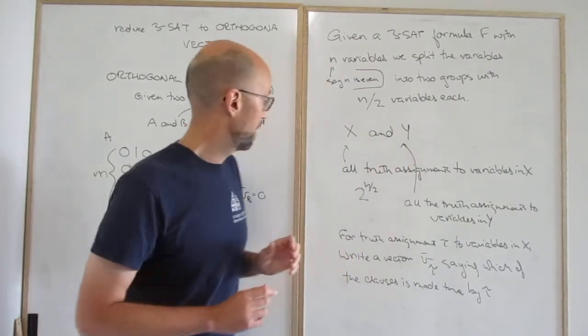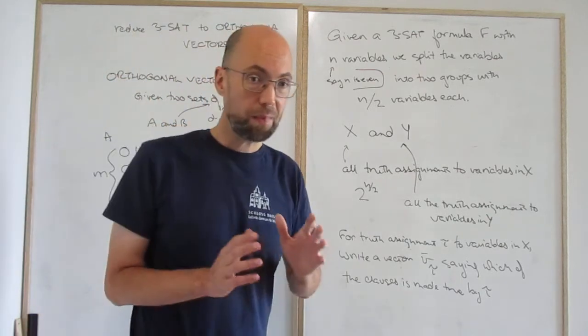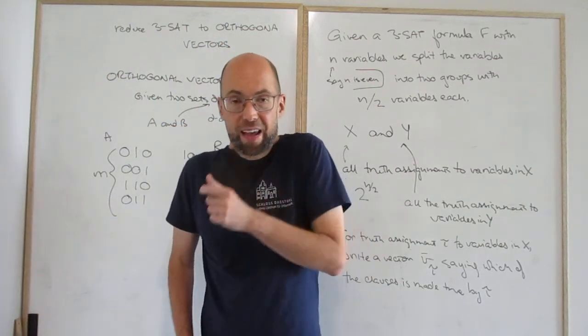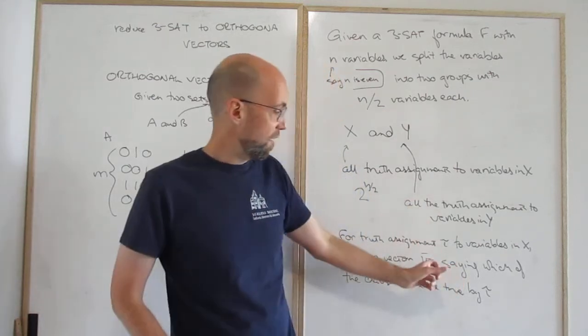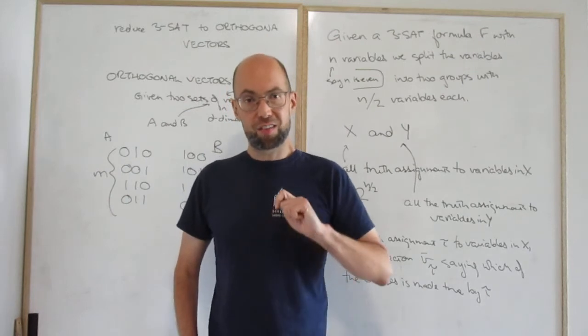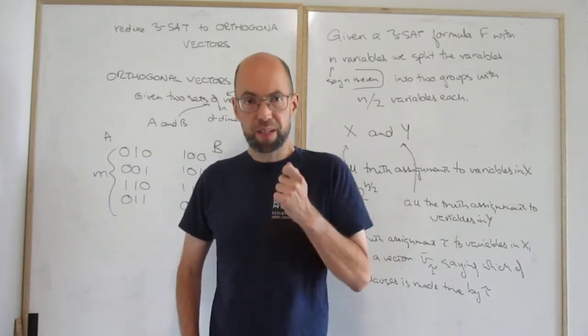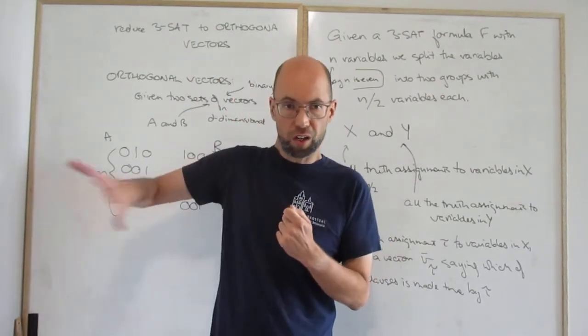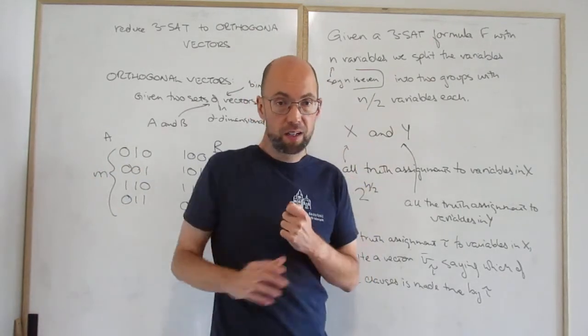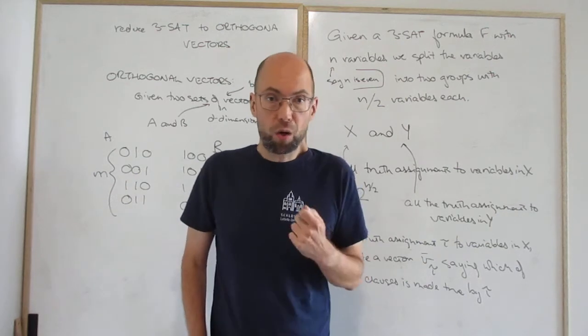So the sneaky thing is, when we write the vector v tau for tau, if tau makes the ith clause true regardless of the truth assignment to Y, then we don't write a 1, right?